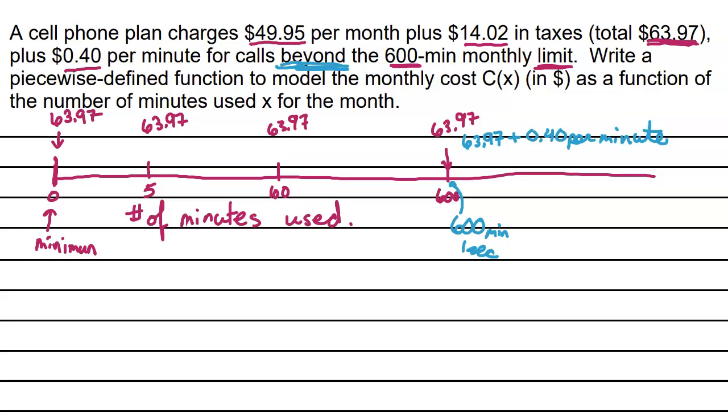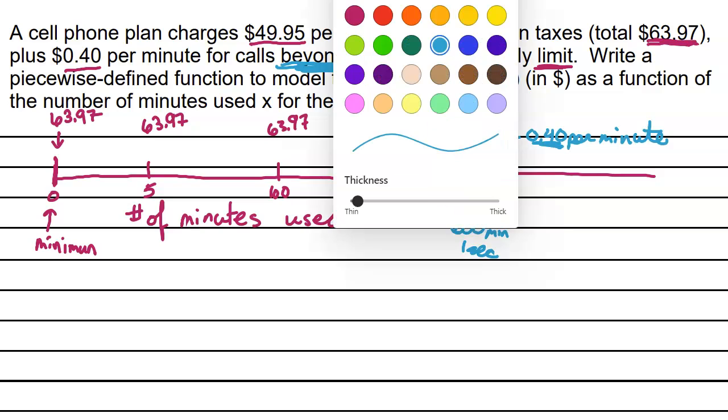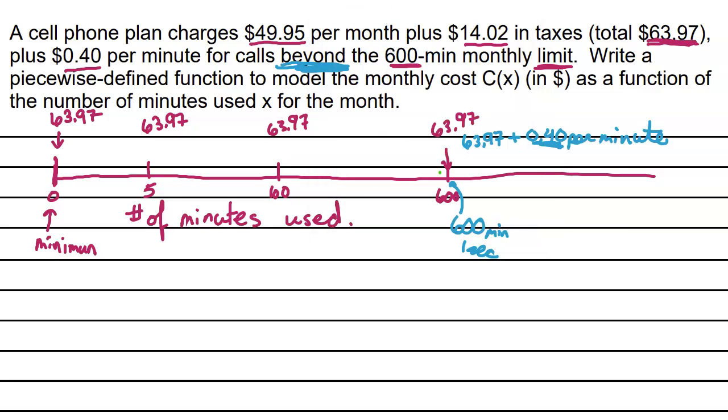So anything beyond the 600 minutes, you're going to get charged an extra 40 cents per minute. Anything over here, we're going to get charged that $63.97. So we can talk up to 600 minutes, no extra charge. After that, we're going to be charged per minute.